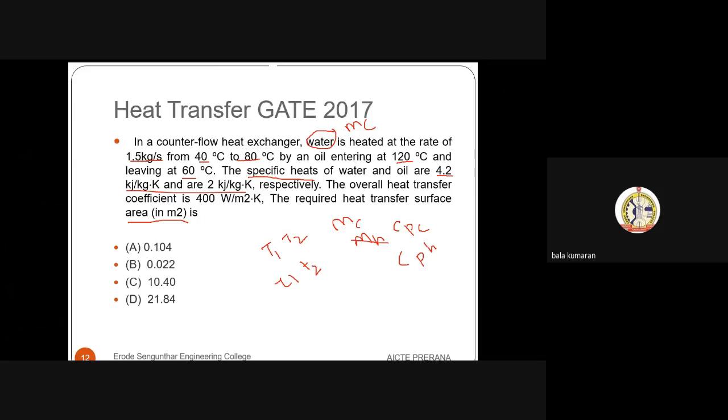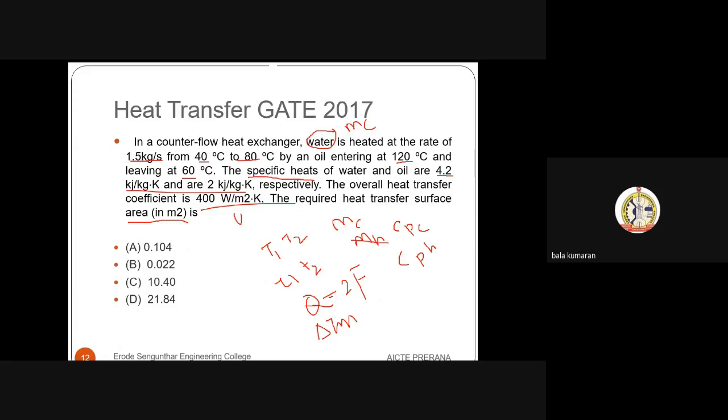As I said previously, we should know three formulas: the Q formula and the del Tm formula. For Q we have two formulas.